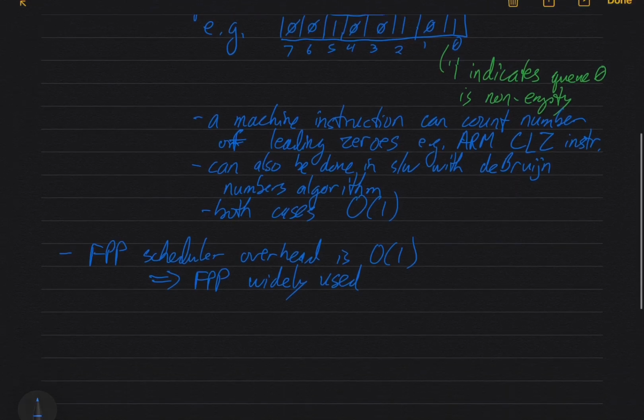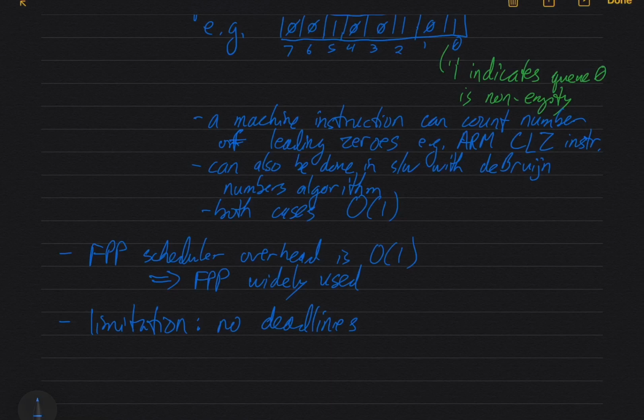So what's the drawback here? The limitation: there are no deadlines. And as I keep saying, this is a natural expression for real-time operating systems. Events happen, you respond within a certain amount of time. So that's the main drawback.